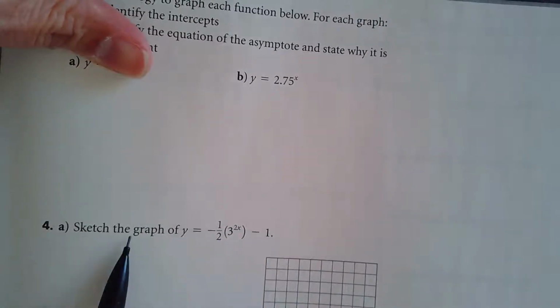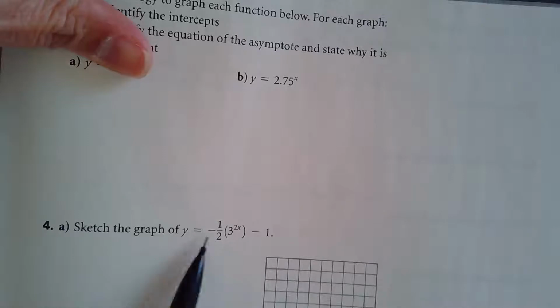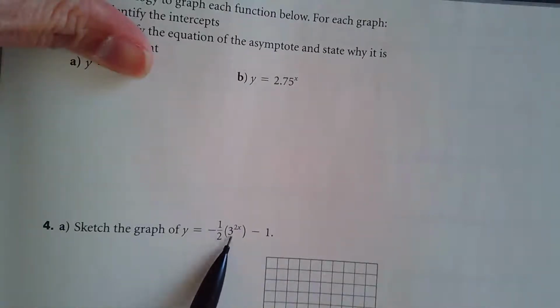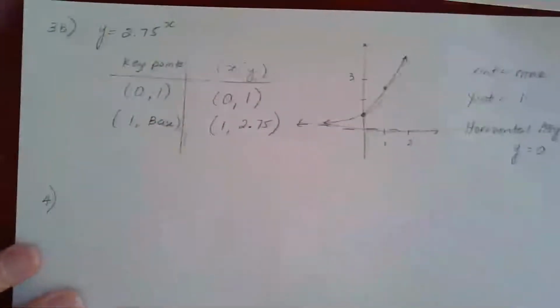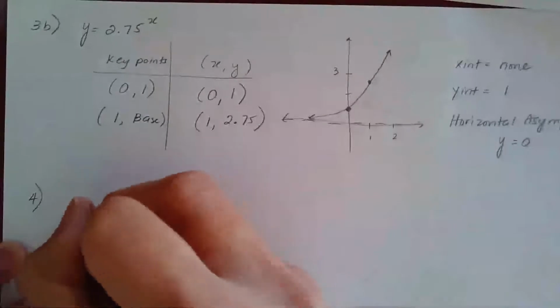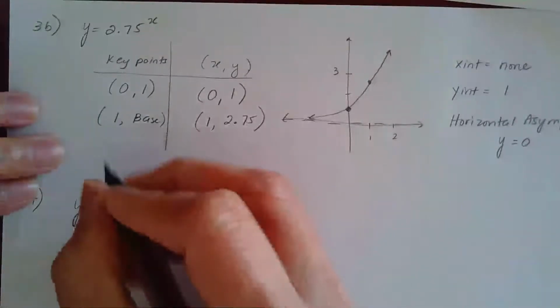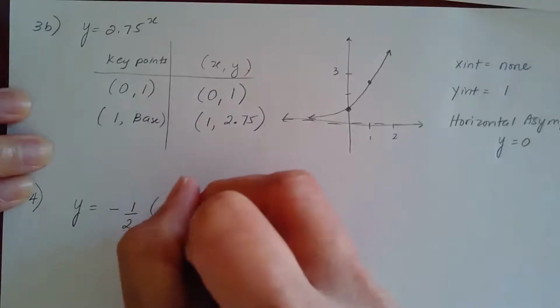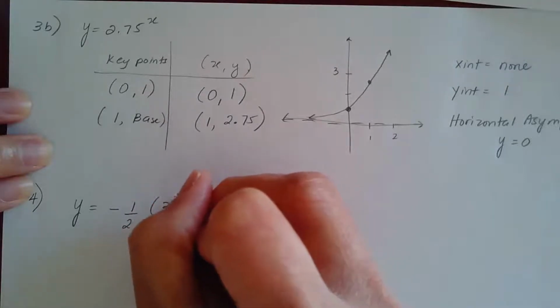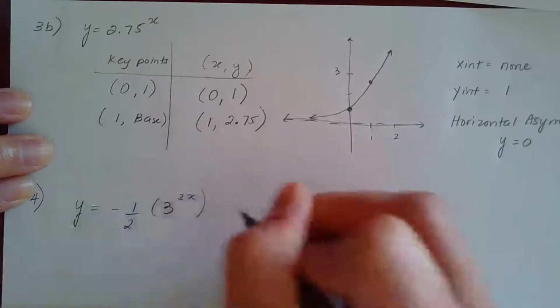It says sketch the graph of y equals negative 1/2 times 3 to the 2x minus 1. Okay, so let's write that down. y equals negative 1/2 times 3 to the 2x minus 1.